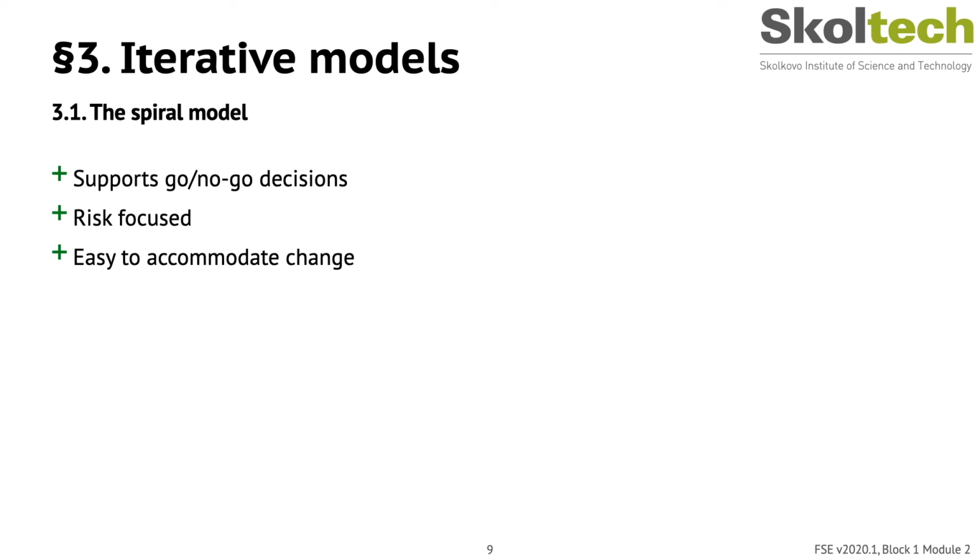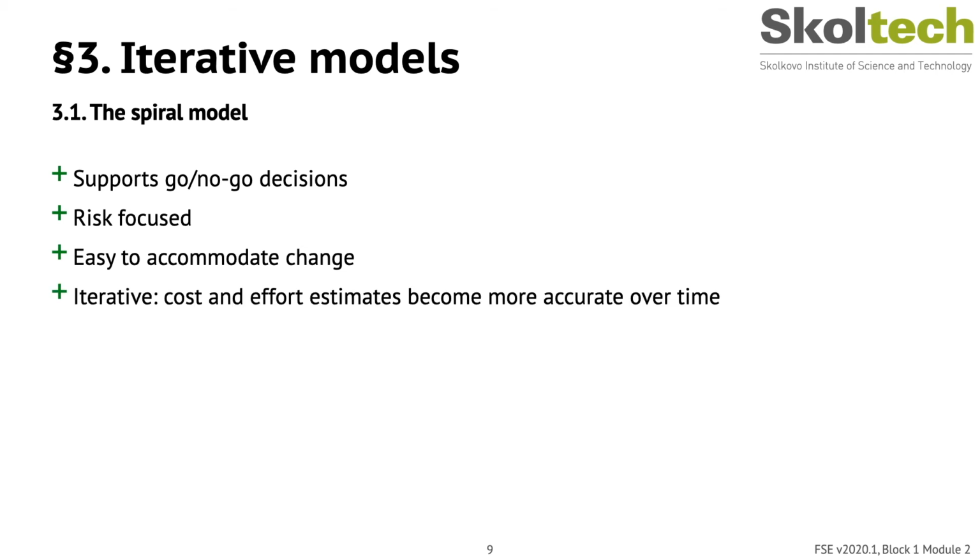Simply make any necessary changes and then run through a cycle to identify and resolve any risks they create. Estimates such as time and effort required become more accurate over time as cycles are finished and risks are removed from the project.